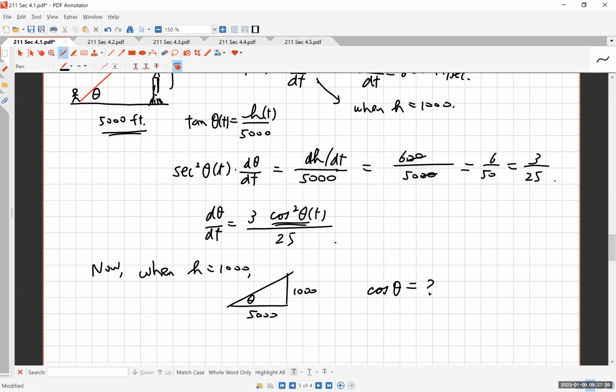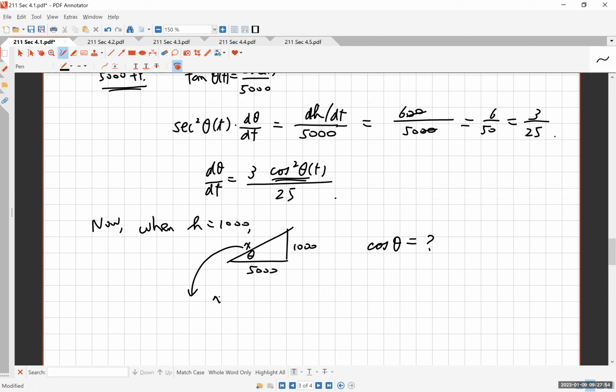But that's not too hard to find because the hypotenuse is going to be, we need a name for this one here, right? It's x. Let's say x. I don't want to say the hypotenuse h because we already used h for something else, the height. So x is going to be the square root of 1,000 squared plus 5,000 squared, right?